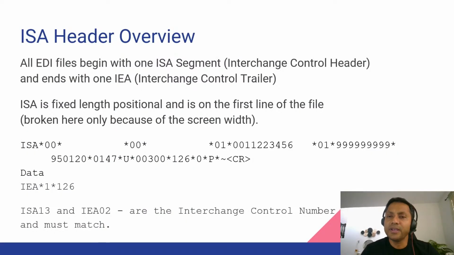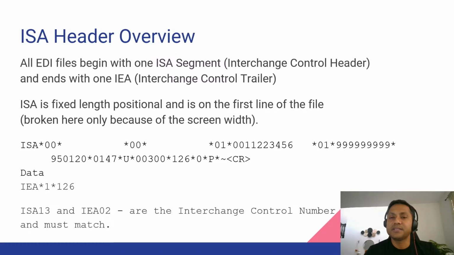Now, a quick introduction of ISA in an EDI file in general. In an EDI file, every transmission starts with the interchange control header segment, which is ISA, and ends with an interchange control trailer segment, which is IEA. The ISA segment is fixed length, starting from here till the segment separator.